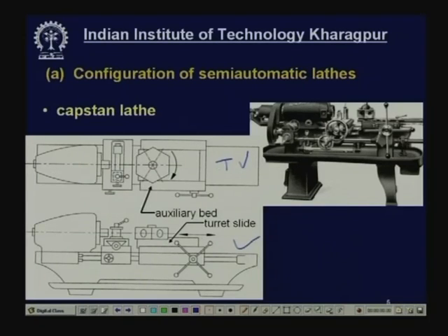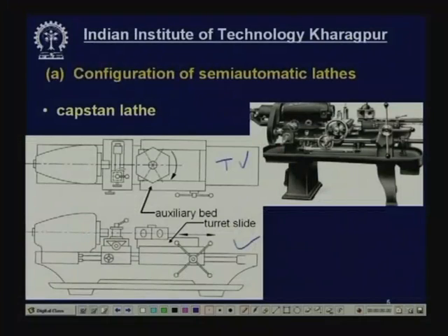In this machine, the spindle rotates at high speed for high production and smaller job size. There is a turret which holds a number of cutting tools. Six cutting tools can be held in the 6 faces of the turret, which will come forward from time to time. The front slide will have 4 tools and the rear slide 1.